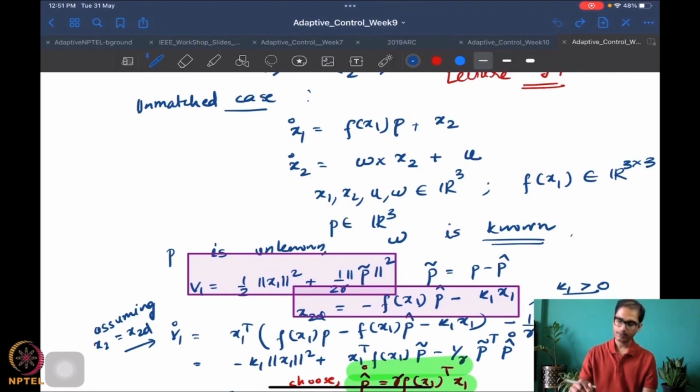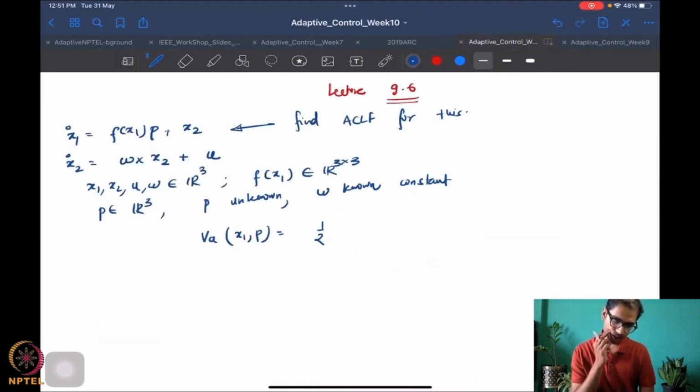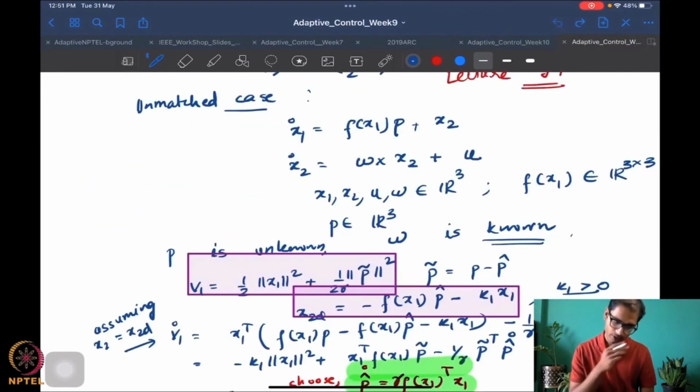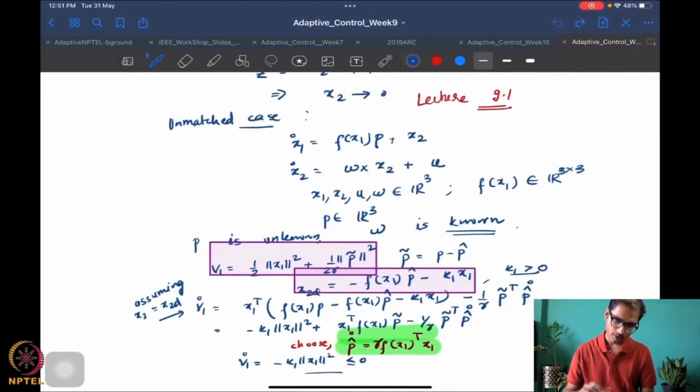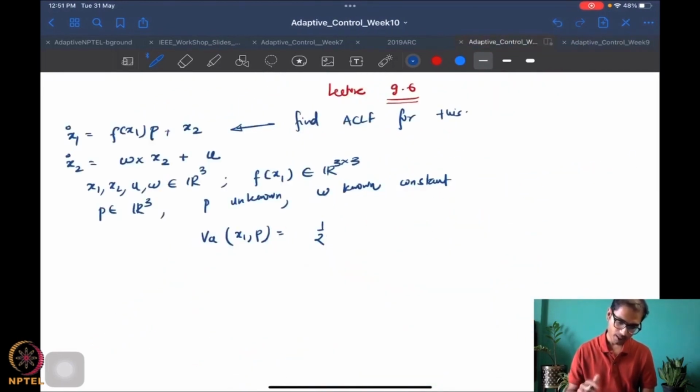One half x1 squared, is that what we are saying here? We have to be careful to figure out what is going to be the appropriate ACLF.